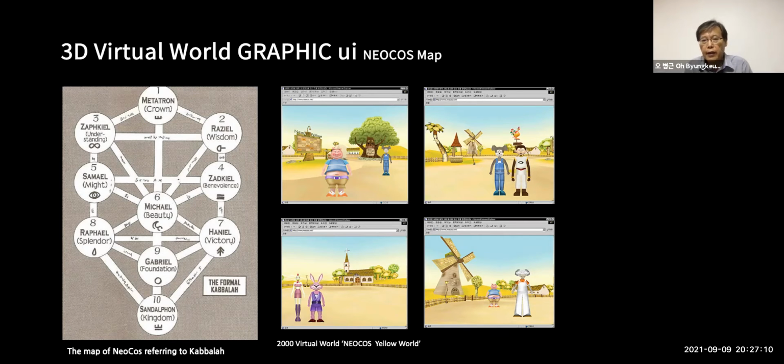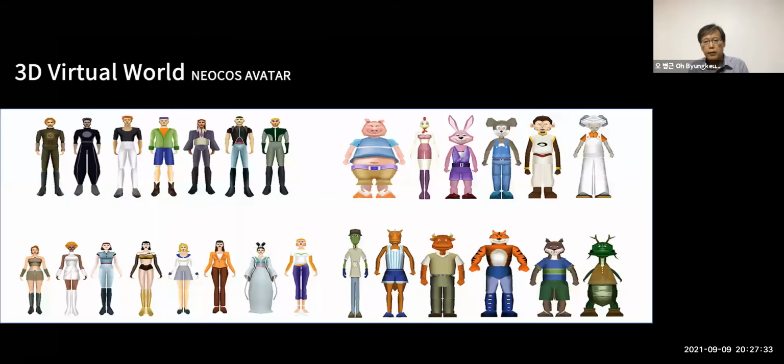It has three areas, as you can see on the map. By applying this kind of map, a virtual world was created under the name of NeoCos. And the world was divided into 10 sub-worlds, such as Central Plaza, education area, community area, and the game area.